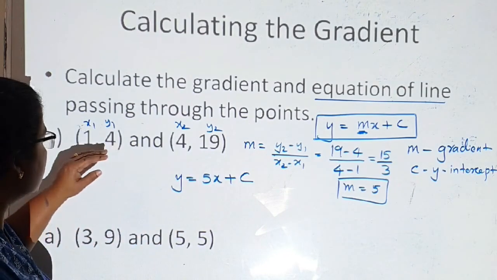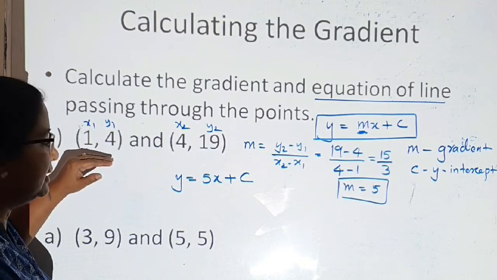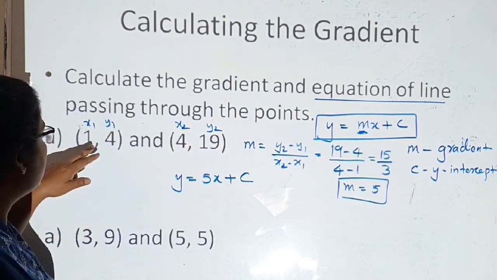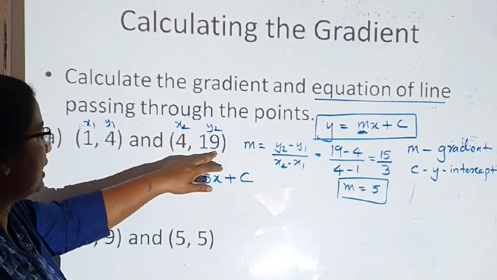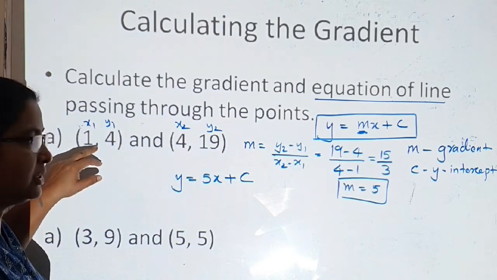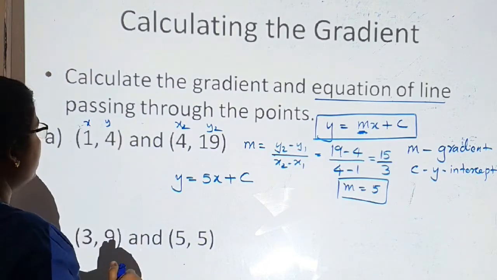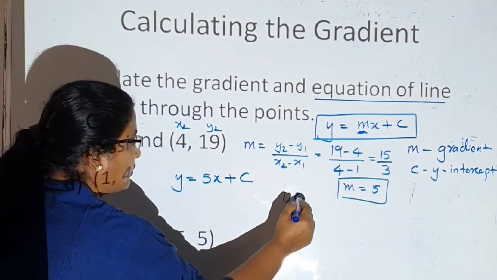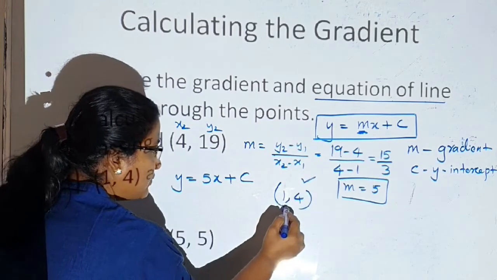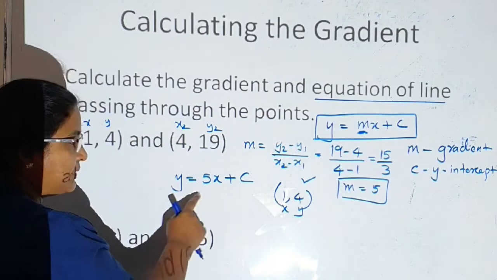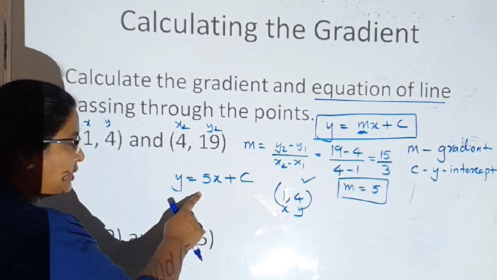You can choose any one of these points, either the first point or the second point, either 1, 4 or 4, 19. I will pick the first one because these are small numbers. Where I am picking this point, this is the x value and this is the y value. Substitute these values in this equation.